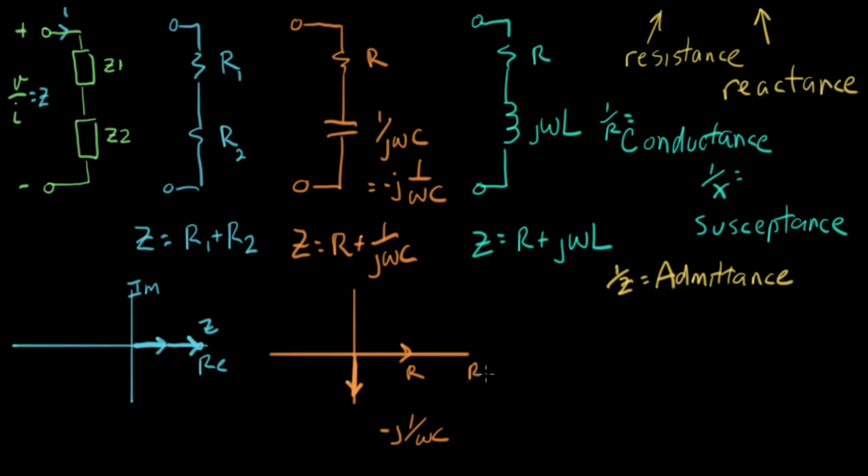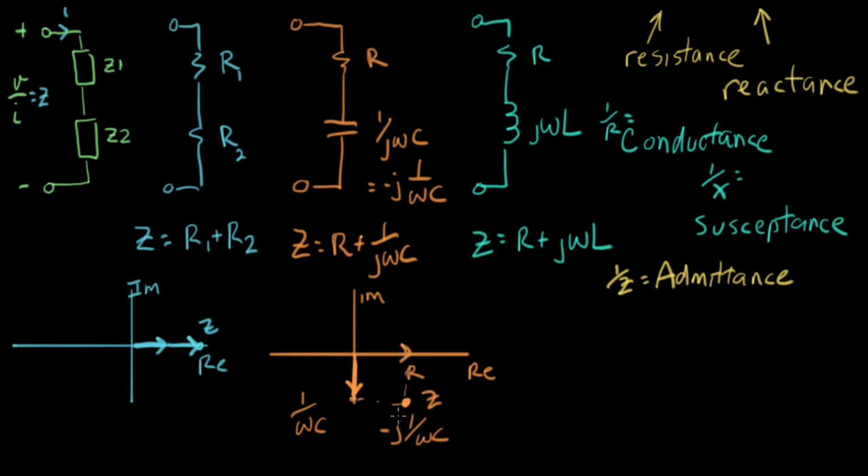Here it is, real, imaginary. The length of that vector is 1 over omega C. And when we do the vector add, that point right there will be Z.